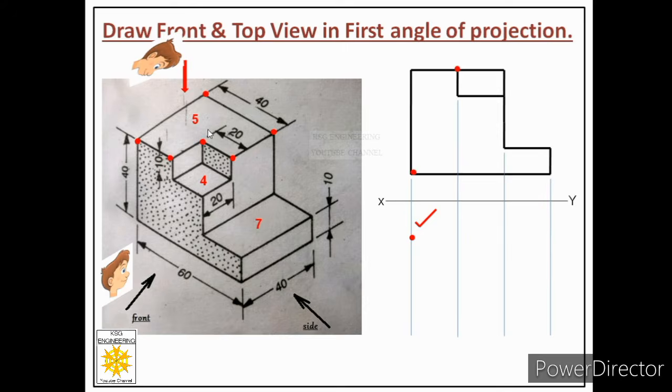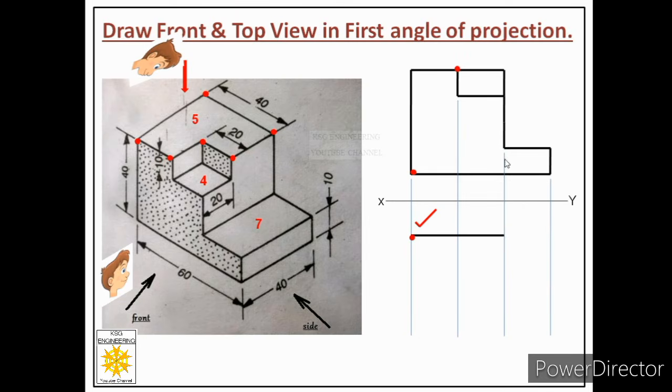Now we will start the drawing of face 5 from this point. So right now we are at this point, the direction is this, and we are looking from top. In order to reach this point, how many units do I have to cover towards the right? 40 millimeters. So from this point, I will sketch a continuous thick line of 40 millimeters. It will exactly stop at this projector. Fine. Why has it stopped at this projector?